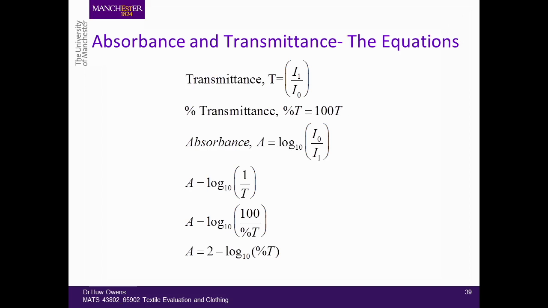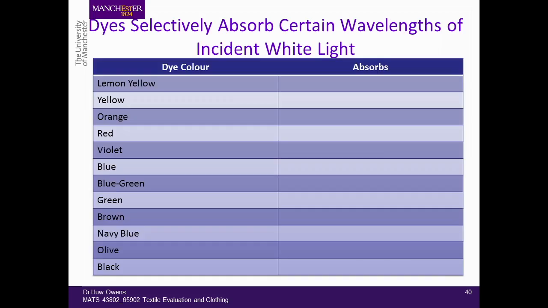So we can either take the original intensities of the light, or we can take the transmitted value, or we can look at percentage transmitted value. What we're going to do is use 100. And then here we've just taken the 2 out. 10 to the power 2 gives us 100. So we're taking it out there. So they're all essentially exactly the same thing. Okay.